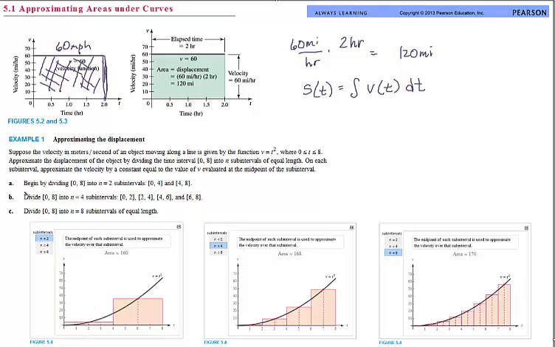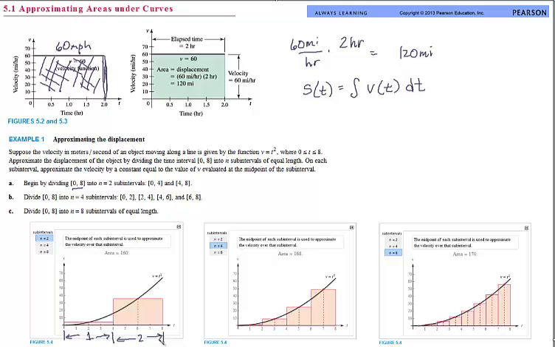Now the first question asks you to approximate the area under this curve by just making it into two rectangles. So if I want it between 0 and 8 and I need 2 subintervals, that would mean 8 divided by 2. I would need one here at 4. So this is subinterval 1 and this is subinterval 2.